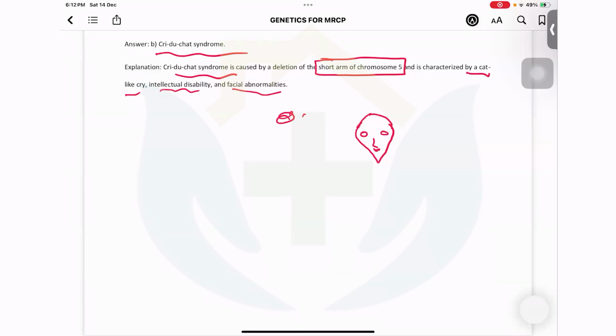This is how they usually look: microcephaly with hypertelorism and facial abnormalities. It is Cri-du-chat syndrome, 5p deletion. 5 is chromosome number 5, P is the short arm of the chromosome, the long arm is known as Q, and it is a deletion.